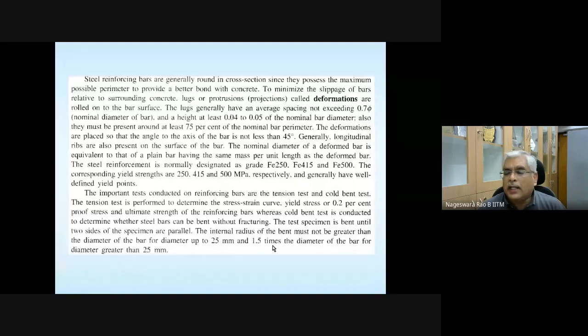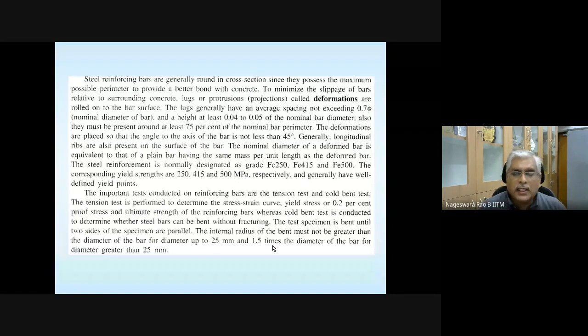These are the routine tests that we will be performing on any sample of reinforcement bars that come to the site. We'll make sure the steel that we are adopting for construction satisfies these specifications which are given in the code.